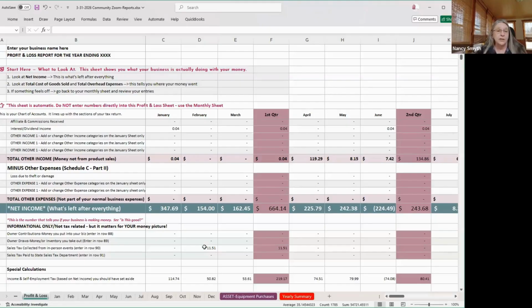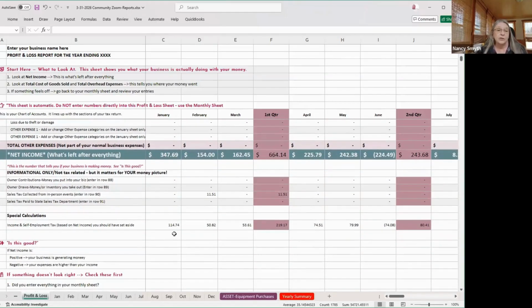I put the sales tax that I collected. Okay. Again, I had a February show and then I had one later in the fall. So I know that I need to pay this. Special calculations. This is where it's going to tell you, okay, if you made this much money in net income, you should really be setting aside this much money for taxes, and it will do it on a monthly basis.